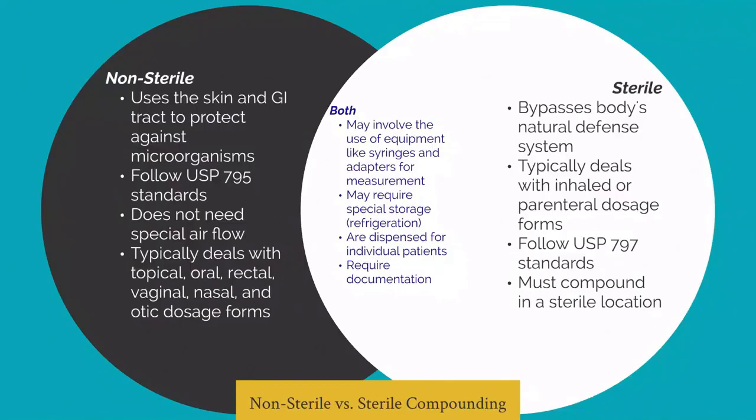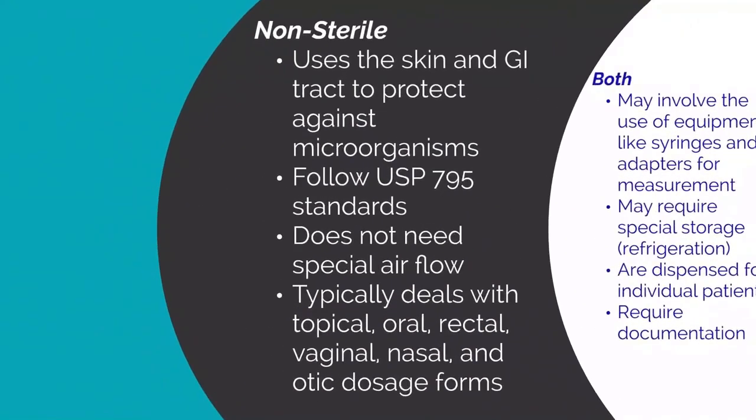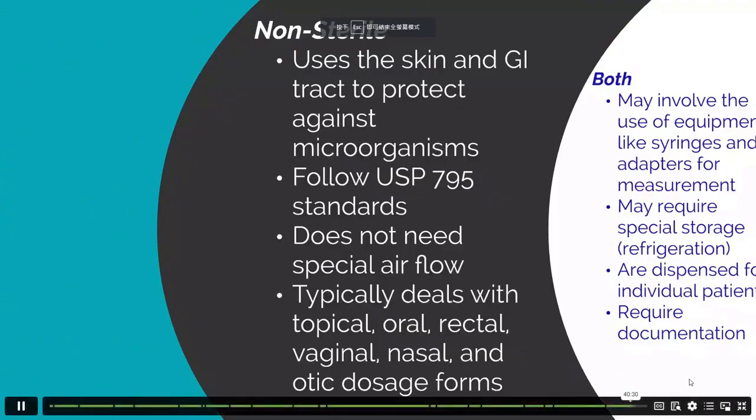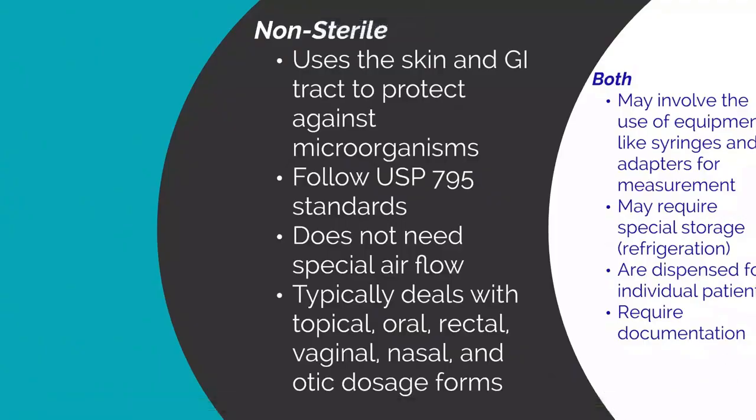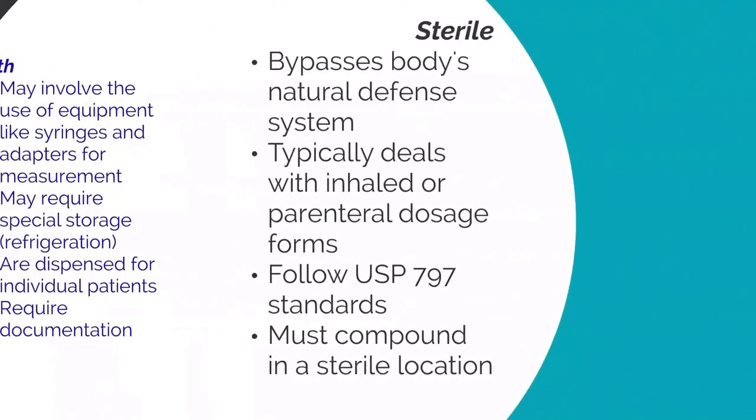Now we're also going to compare and contrast non-sterile versus sterile compounding. So non-sterile uses the skin and GI tract to protect against microorganisms like bacteria and viruses. It follows USP 795 standards. It does not need special airflow, and it typically deals with topical, oral, rectal, vaginal, nasal, and otic dosage forms.